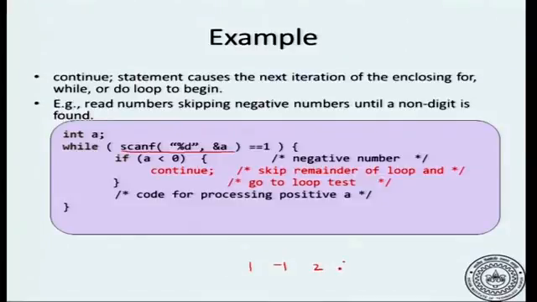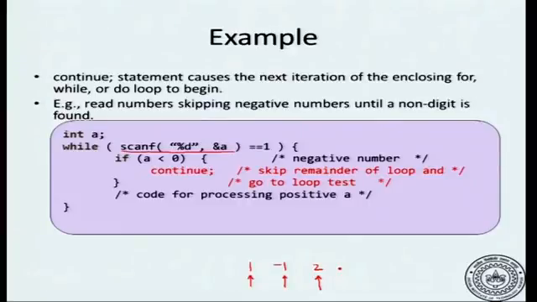What we will do is the scanf operation to get the numbers. So scanf will read the first entry as 1, the second as -1, and the third as 2, and so on. So that is scanf %d, address of a.